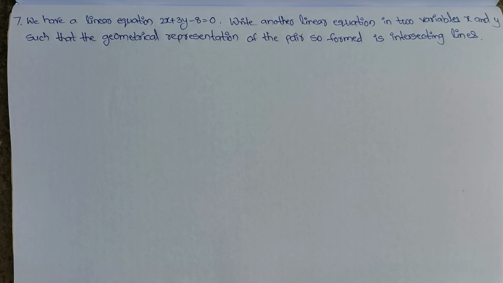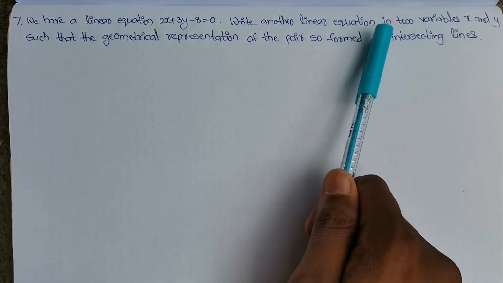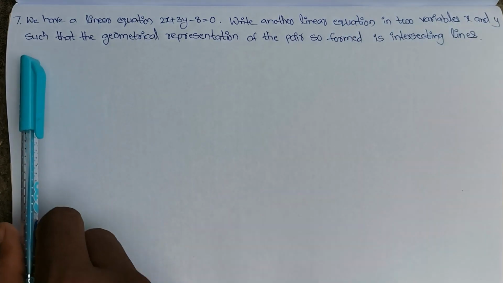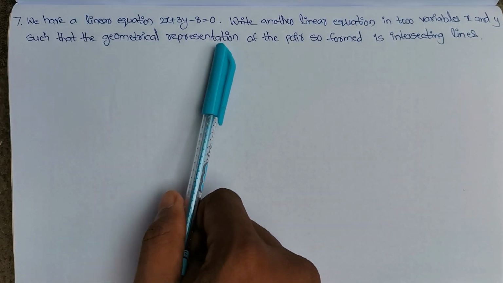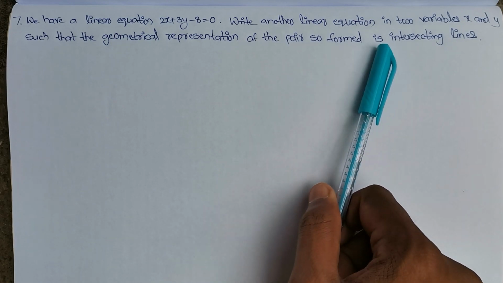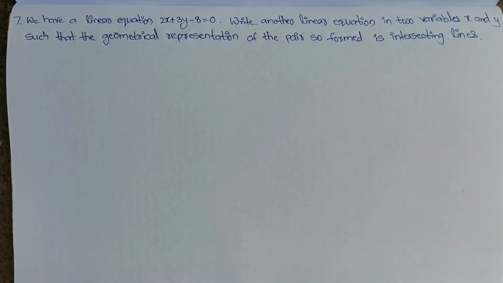Okay, let's move to the next question. We have a linear equation 2x plus 3y minus 8 is equal to 0. Write another linear equation in two variables x and y such that the graphical representation of the pair so formed is intersecting lines.